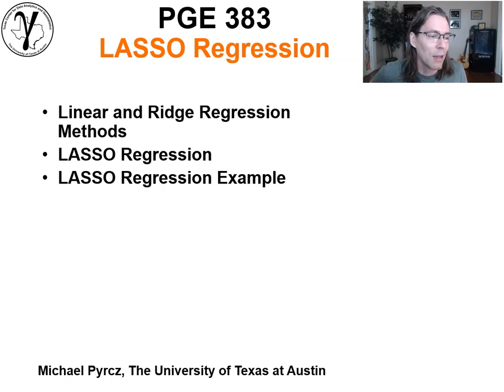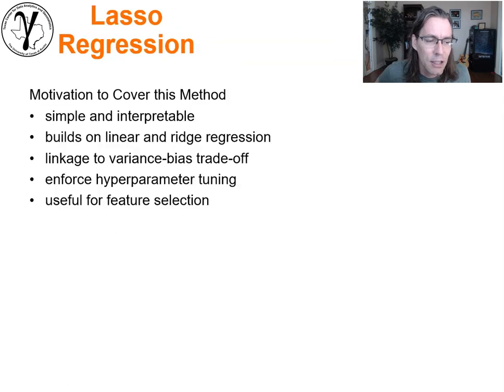Okay, so let's go ahead and dive into the concept of LASSO regression. So what's the motivation? Why cover this topic anyway? Well, first of all, we still want to cover methodologies that are simple and have high degree of interpretability. It builds on linear and ridge regression. It has a linkage, once again, just like ridge regression, to variance and bias trade-off, which is super helpful.